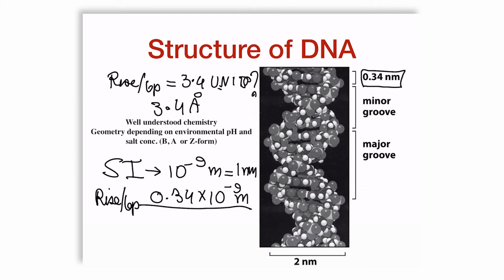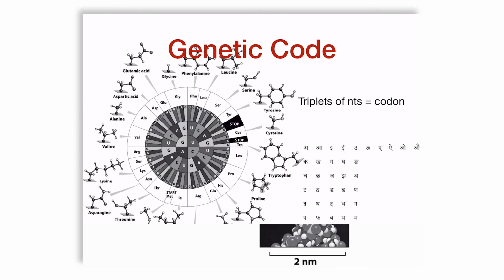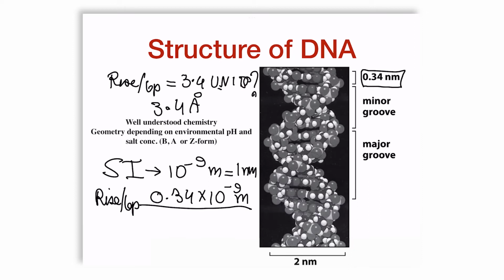You might also be benefited by remembering that the diameter of the double helix, if you treat it as a simple cylinder, is 2 nanometers. So each brick is layered at 0.34 nanometers and the diameter is 2 nanometers. You could say the radius is 1 nanometer, depending on how you want to think about it.